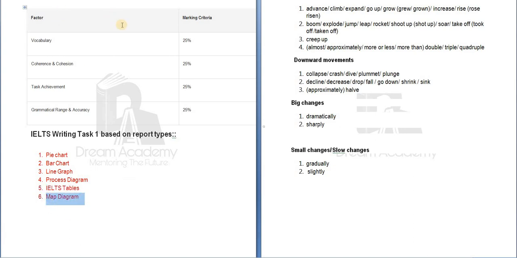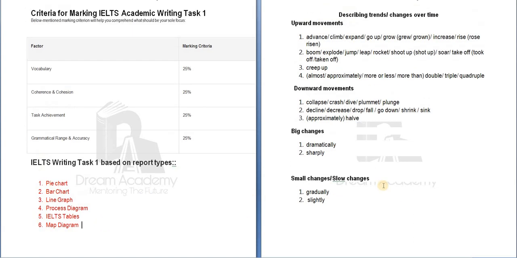So mainly among these 6 topics, you will be given just one topic, maybe pie chart, maybe bar chart, or some other, so that you should answer them. So how you can answer them and some tips and tricks are discussed here.